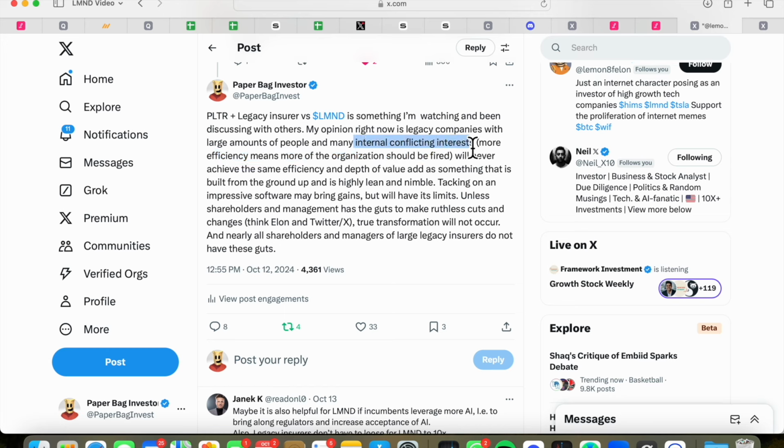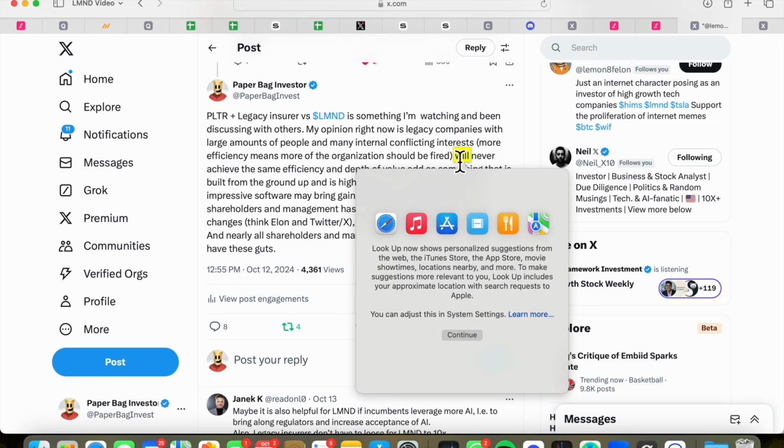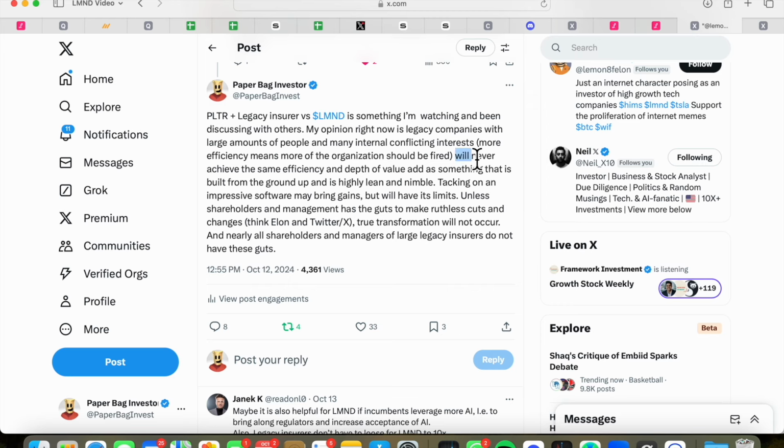That's why you get a big sort of bloated legacy company. It's difficult to have that culture shift because there are literally people that don't want anything to change, so they drag their feet. This will never achieve the same efficiency and depth of value add as something that is built from the ground up and is highly lean and nimble. Tacking on impressive software may bring gains, but will have its limits. Unless shareholders and managements have the guts to make ruthless cuts and changes, think Elon when he bought Twitter or X, then true transformation will not occur.